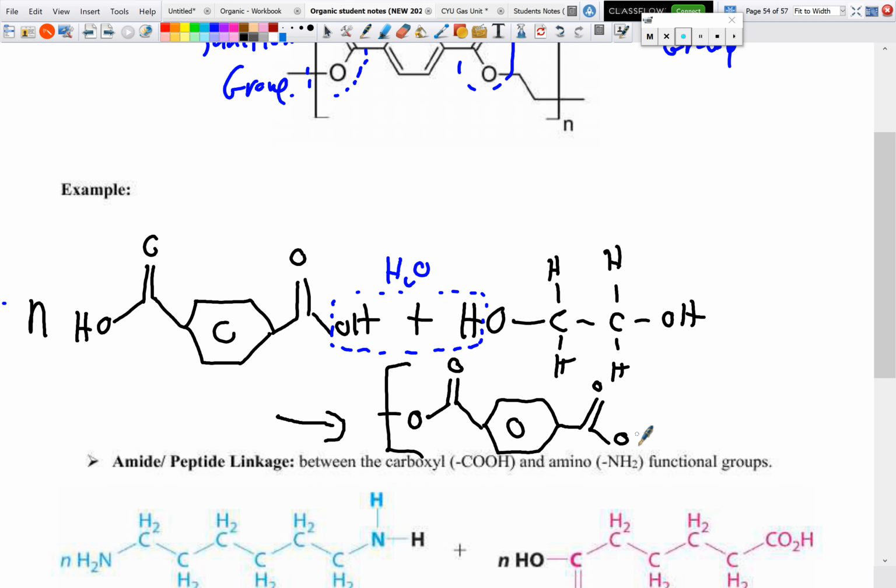Right, so that's that. Now we have our ester, which is 1 carbon, 2 carbons long, and then finally our oxygen is going to be bonded. Sorry, we don't need to put in the oxygen there because we have an oxygen on the other side.